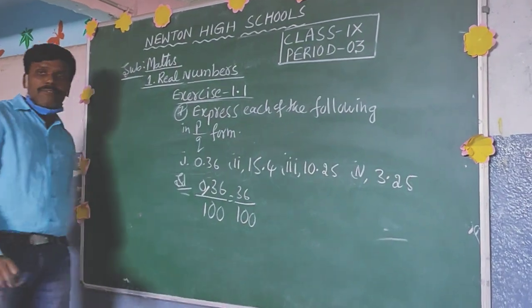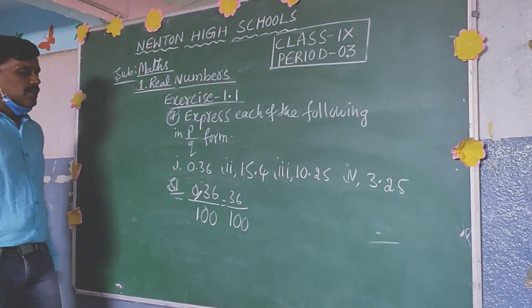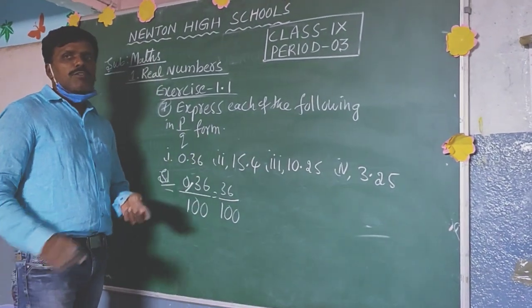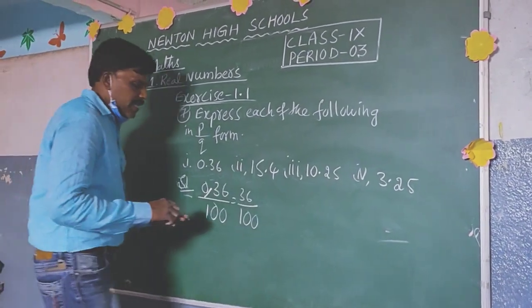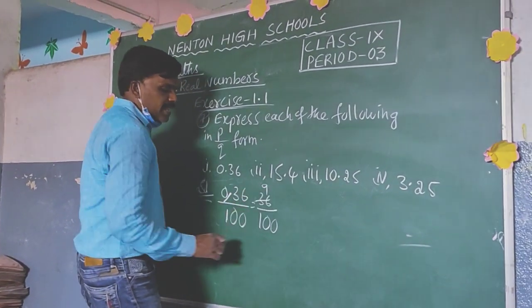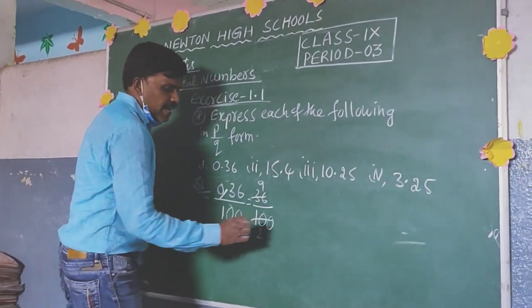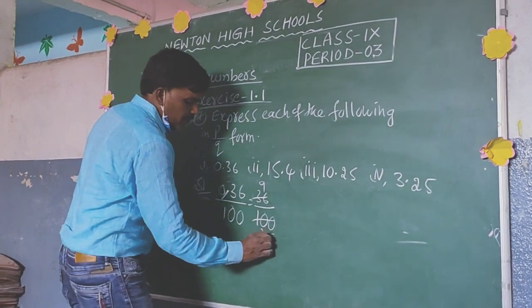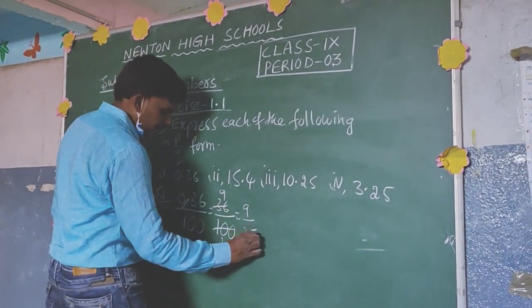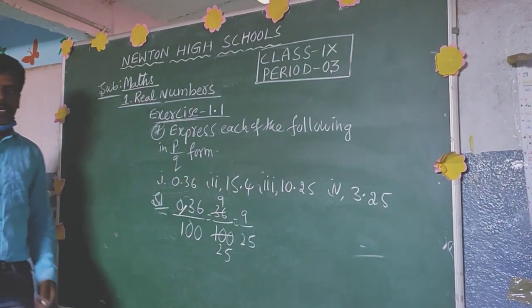So have we got the P by Q form? Yes, 36 by 100 is in the form of P by Q. If you want to simplify, you can. For example, both will be cancelled by 4 table. 4 9s are 36, 4 25s are 100. So this is the simplest form of the given fraction 36 by 100.